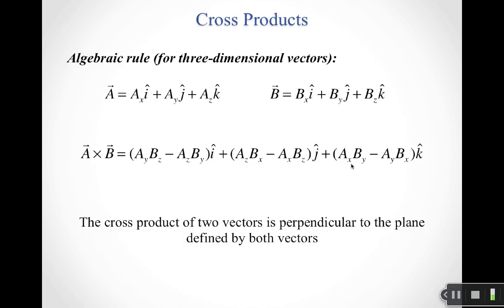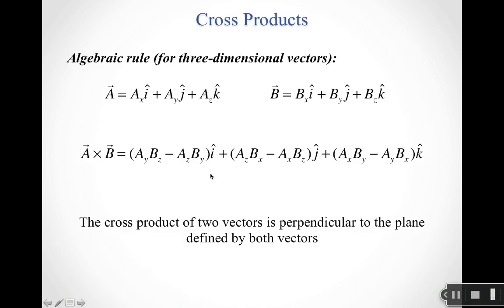Fundamentally, one of the things to make sure we understand about cross products is the cross product of 2 vectors is perpendicular to the plane defined by both vectors. So in the same way that we would say that you can define a line with 2 points, you can define a plane with 2 vectors. So as long as you have 2 vectors that aren't collinear, they don't lie along the same line, those 2 vectors define a plane.